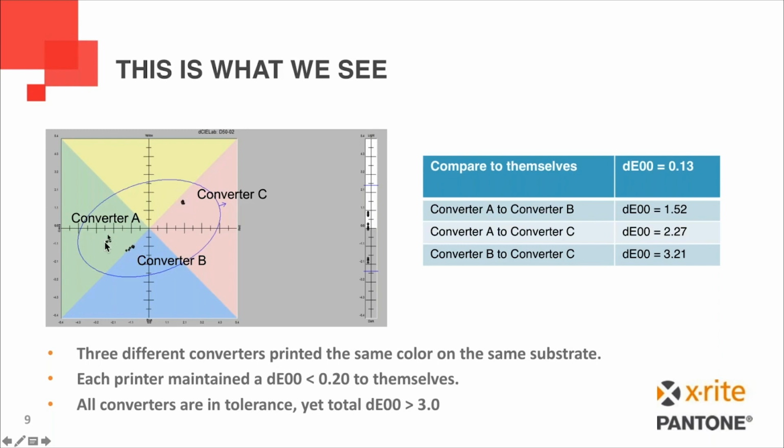B was quite tight to theirs, and A was to theirs. But the thing is that by going through their ink room and working off of different physical standards and handing off drawdowns, they ended up shooting for very different targets. And the net result here was the biggest one, B to C. Comparing those two converters, we had over 3 delta E.